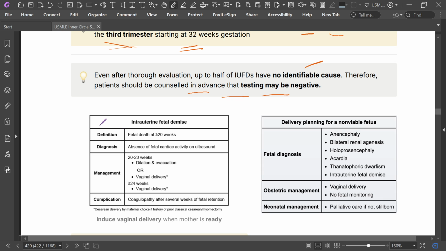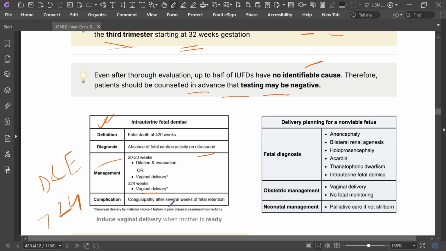Intrauterine fetal demise is fetal death after 20 weeks, with absent fetal cardiac activity on ultrasound. At 20 to 23 weeks, dilatation and evacuation or vaginal delivery. If it is more than 24 weeks, vaginal delivery. Complication: coagulopathy after several weeks of fetal retention.